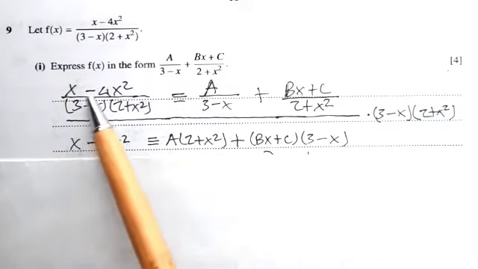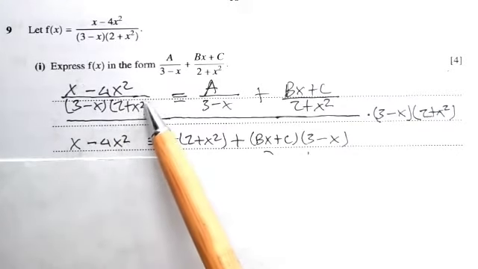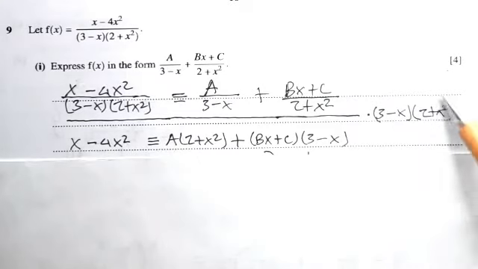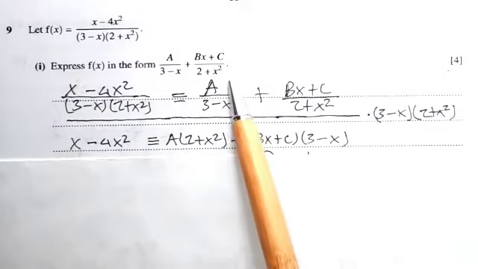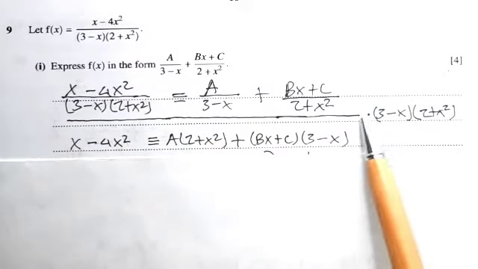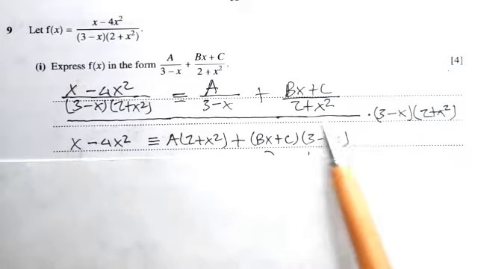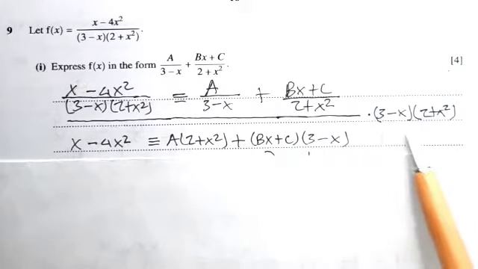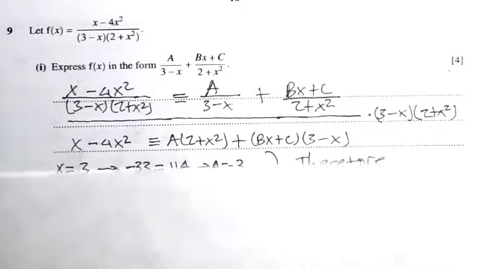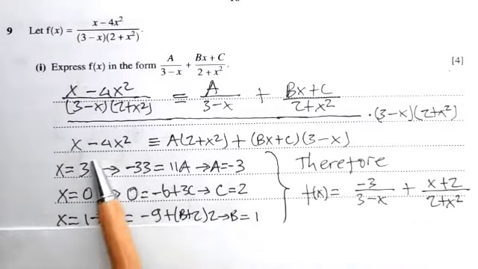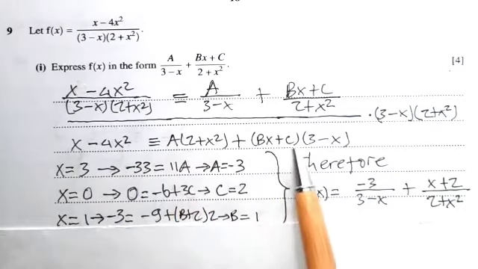Now, x minus 4x squared divided by (3 minus x)(2 plus x squared) times this, we obtain x minus 4x squared, and this fraction times this, left over A times (2 plus x squared), and this fraction times that equals (Bx plus C) times (3 minus x). Now, this is an identity, and we want to find A, B, and C.